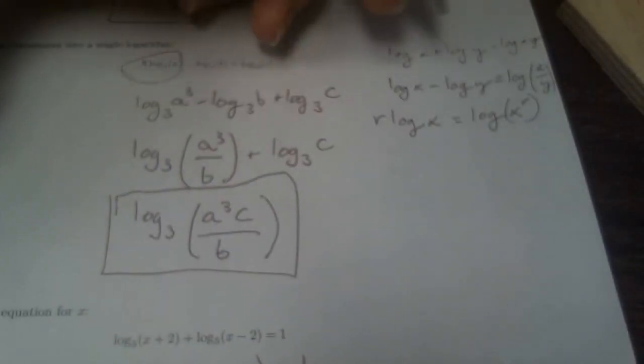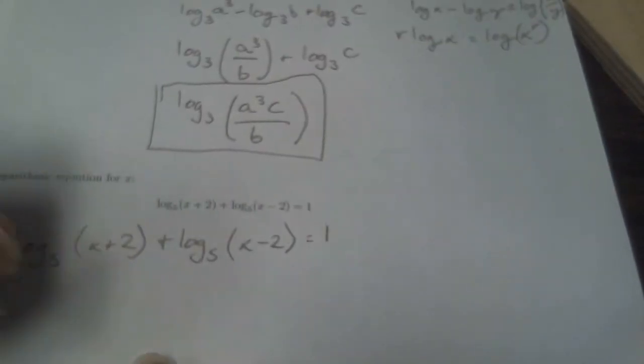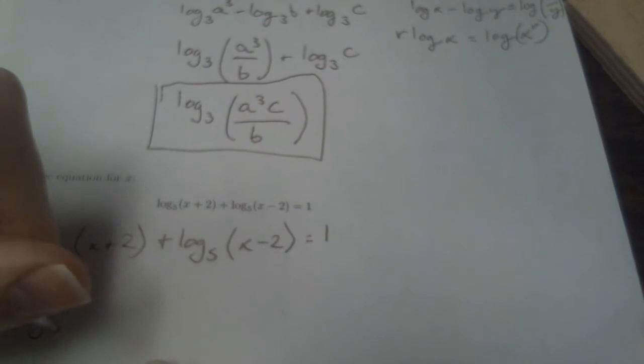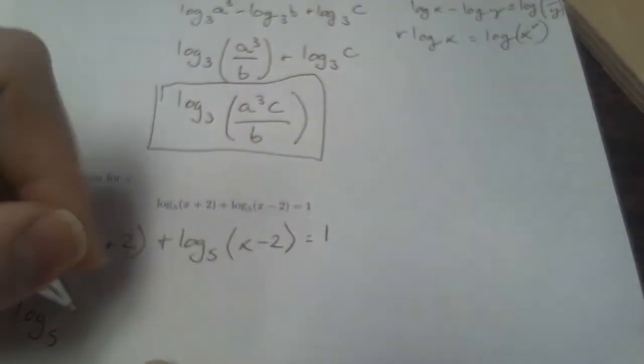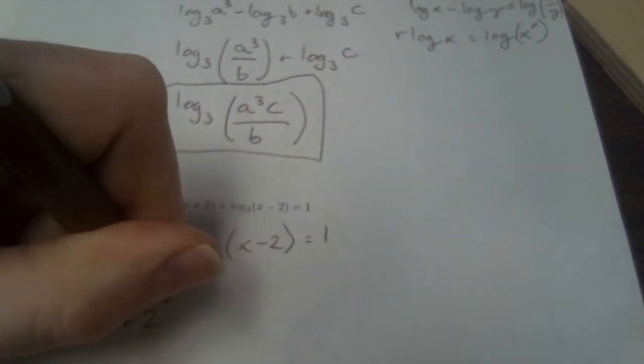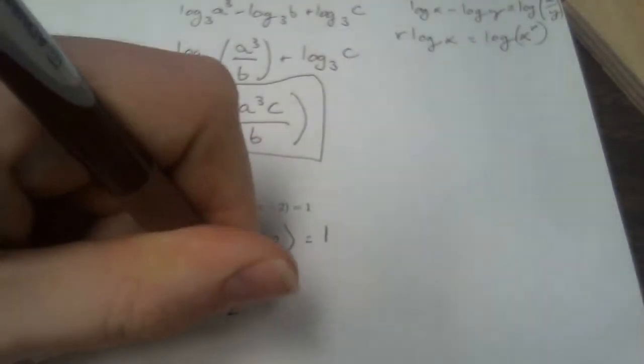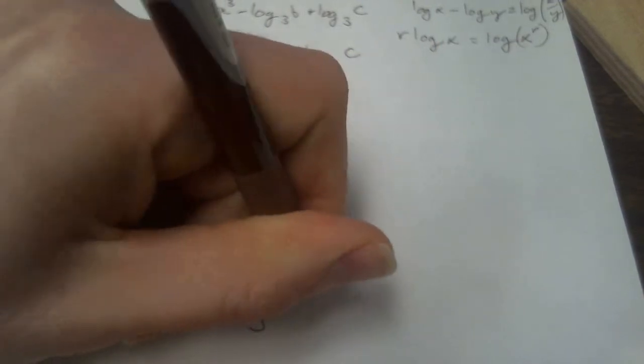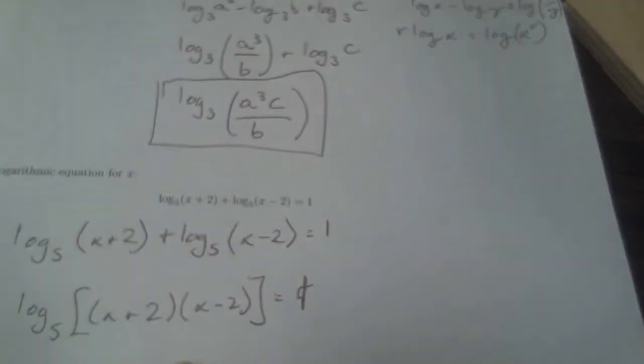So again, I can use the product property here to combine these two logarithms into a single logarithm. So we have log base 5 of x plus 2 times x minus 2, and that's equal to 1.